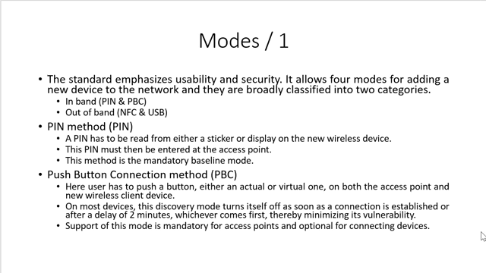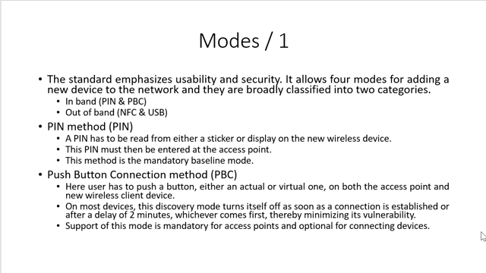Then coming to the different modes it's supporting, this WPS emphasizes usability and security. They are the basic two purposes of this WPS. Basically, it allows 4 modes for adding a new device to the network. And as you see, they are broadly classified into 2 categories.